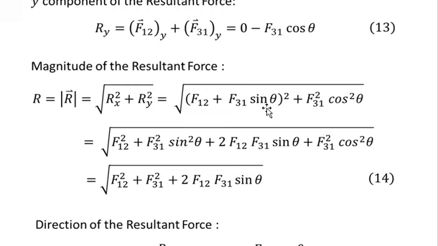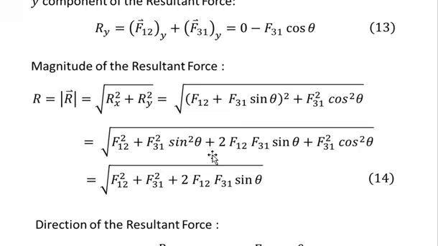You can expand the square of F12 plus F31 sine theta as F12 squared plus F31 squared into sine squared theta plus 2 times F12 F31 into sine of theta. That is a squared plus b squared plus 2ab, I have used this formula. And then the last term is F31 squared into cos squared theta.